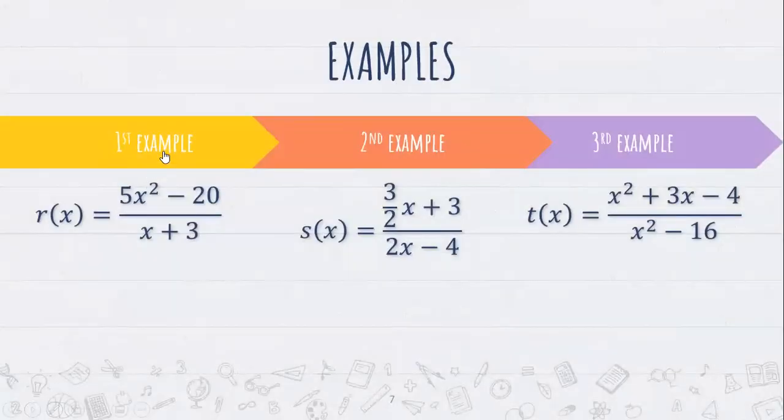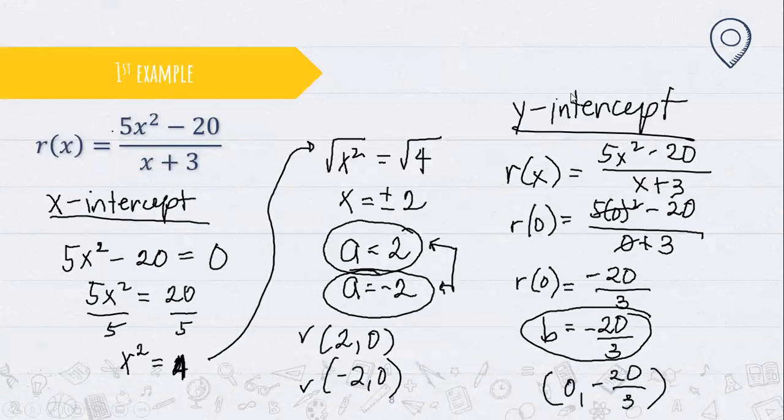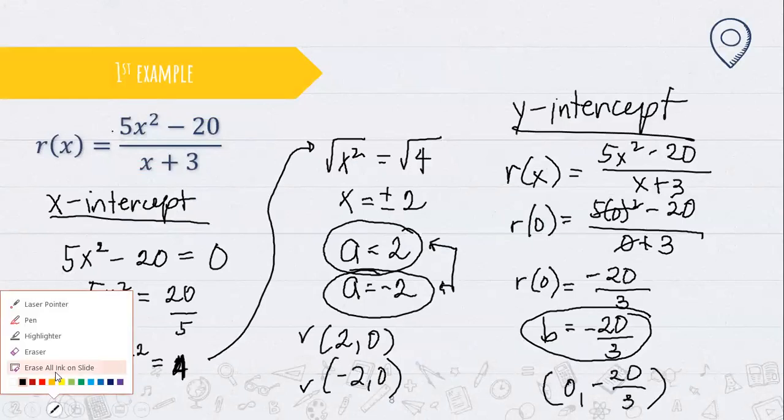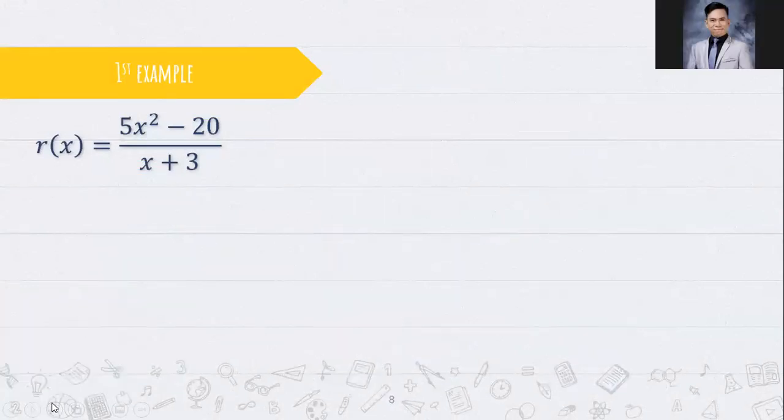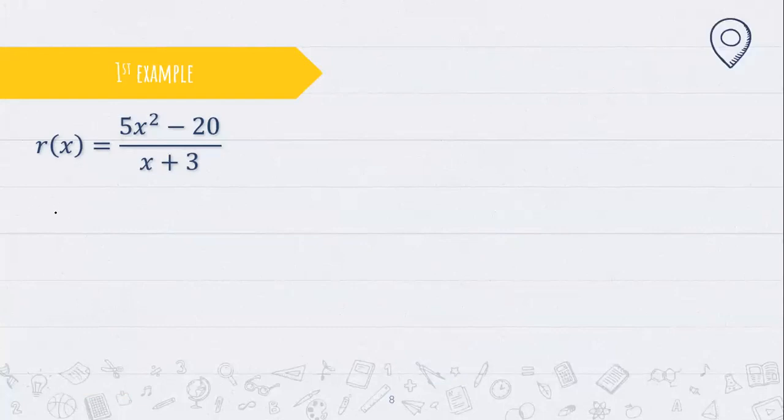Okay. So, try natin yung mga examples natin kanina. Ayan, clear ko lang yung ink. Okay. So, find the asymptotes of r of x is equal to 5x squared minus 20 over x plus 3. So, to find first the asymptotes, hanapin muna natin pinakamadali.